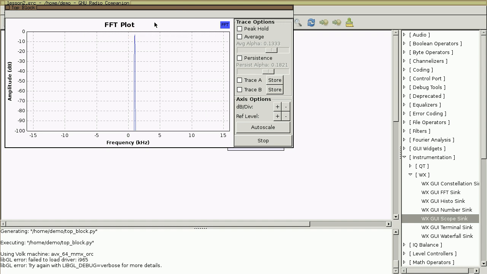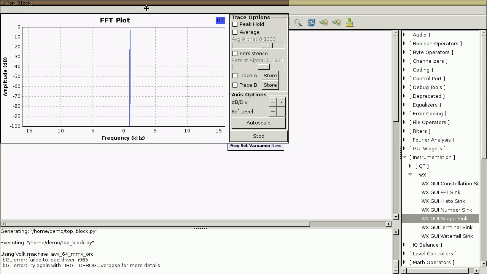Now the FFT plot is showing me the output from an algorithm called the FFT. And we're going to talk about the FFT a lot in future lessons, but for now, all you need to know is that the FFT is an algorithm that analyzes some samples and tells us what frequencies are present in that chunk of samples.